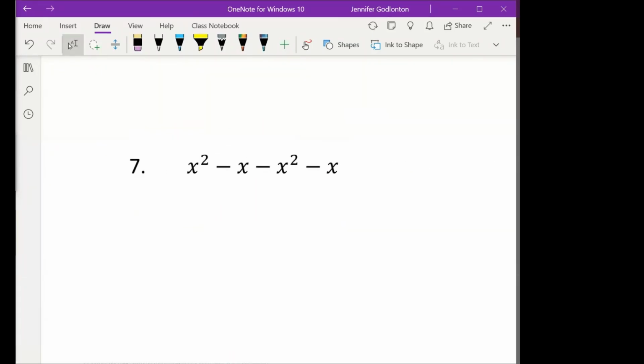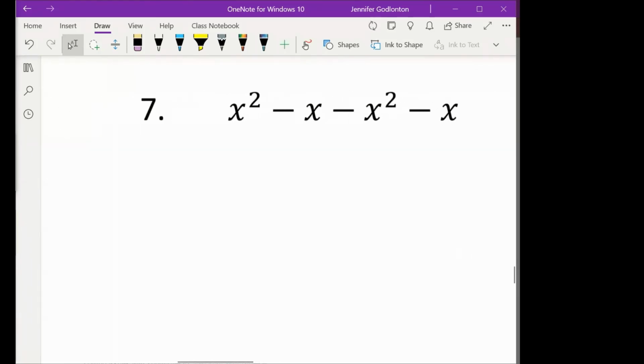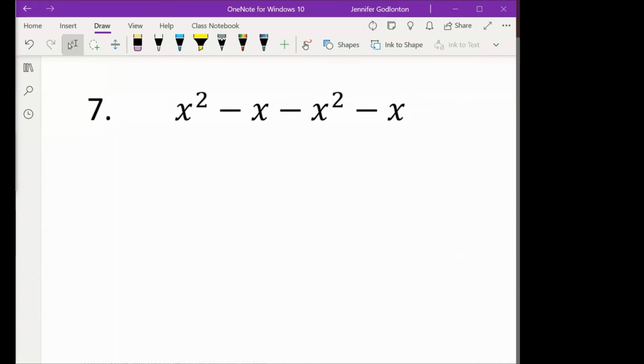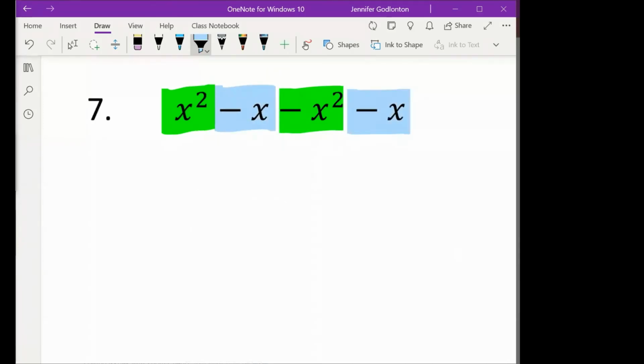Okay. Being a bit mean here. But let's see. You know, I like to be a little bit mean. Okay, let's just link our like terms together and see how this question goes.